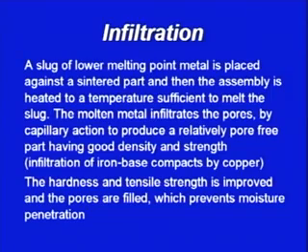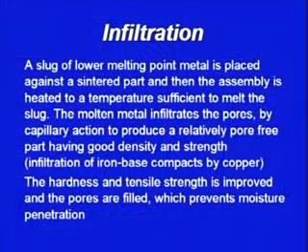Basically, whatever porous product has been made using powder metallurgy, we need to improve its density and strength. We put a metallic slug against it whose melting point is less than the melting point of the metal used for making the powder metallurgy product. After heating, the slug will melt and the molten metal will infiltrate the pores by capillary action to produce a relatively pore free part having good density and strength.